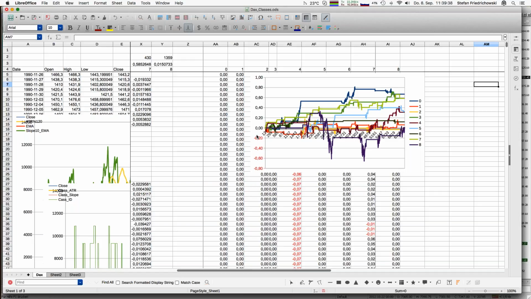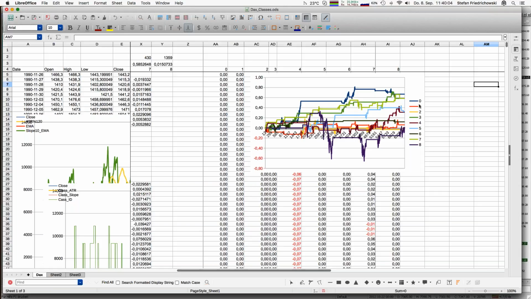At least within the complete range of the 25 years. And you see that there are other classes which have a similar behavior. Let's look at other classes which add up quite to some higher values here.